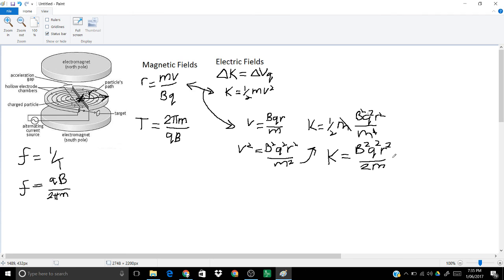Also, if you change the type of particles, you may need to increase the magnetic field strength or some other such thing. You also notice that the voltage itself doesn't feature in here. If you had a small voltage, you'd only pick up so much kinetic energy, and thereby only a little bit of radius.